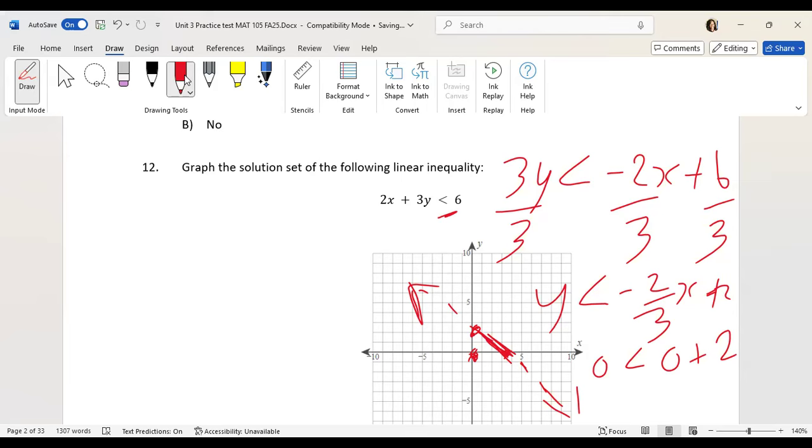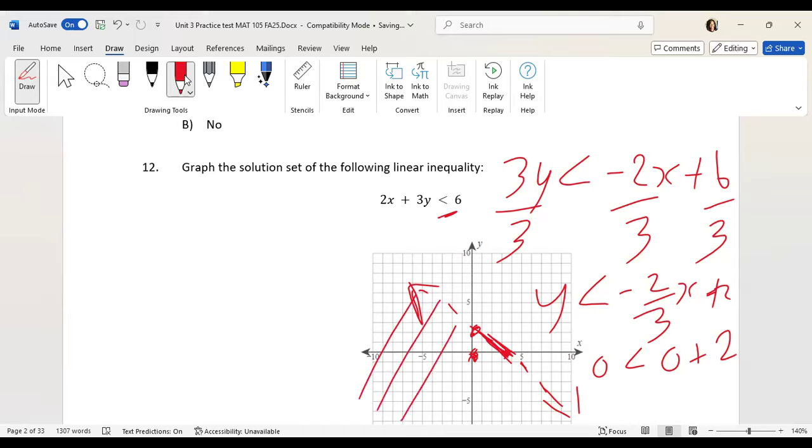Therefore, the point 0, 0 is in the solution region because 0 is less than 2. So the point 0, 0 satisfies the inequality, and any point we pick cannot be on the broken line. So we have to shade the solution region.